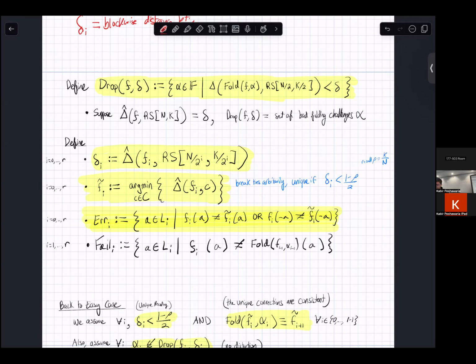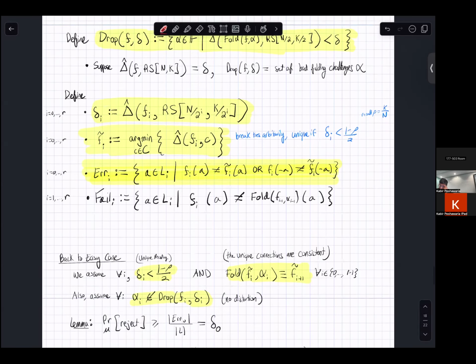And then the error set is all of the places where either me or my neighbor, I'll call it, are wrong. Either Fi of A is wrong or Fi minus 1 of A is wrong. And then the fail set is all the places where the verifier can check you for consistency and see that you lied. Okay.